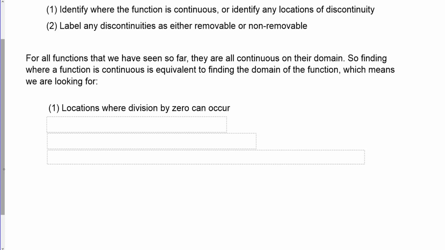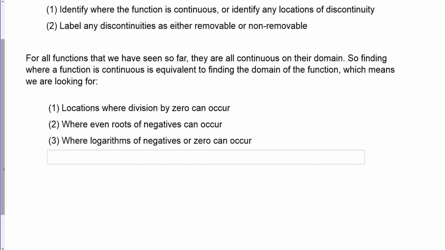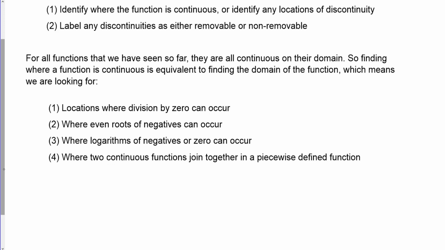Those would be values that are discontinuous, where even roots of negatives could occur, where logarithms of negatives could occur, or 0 as well. Or if you have a piecewise defined function where the two continuous functions join together, there could be a potential discontinuity there as well. So let's do some examples.